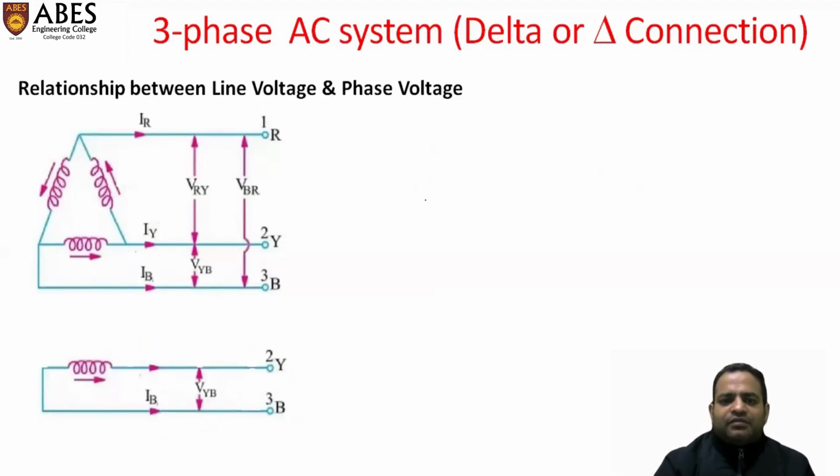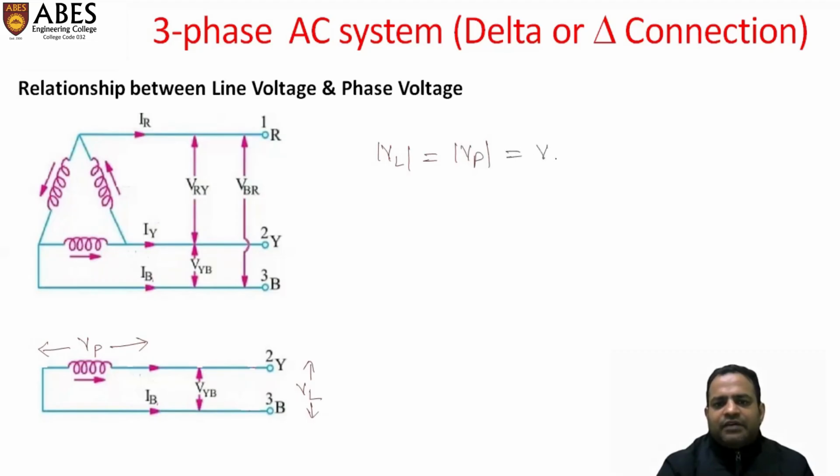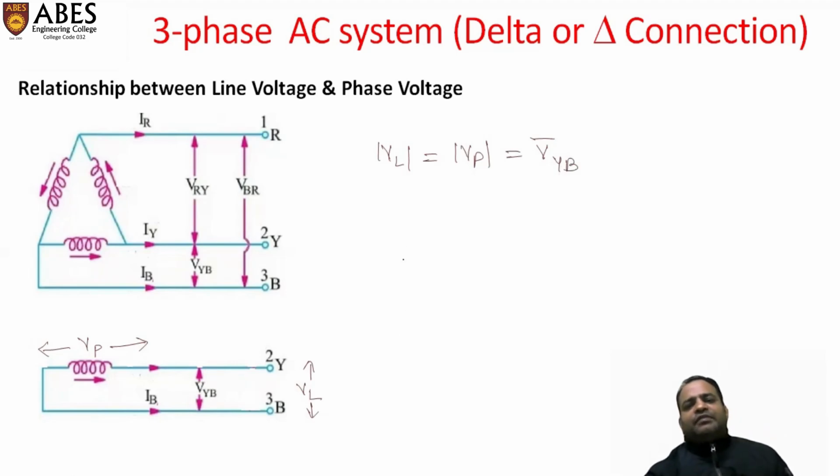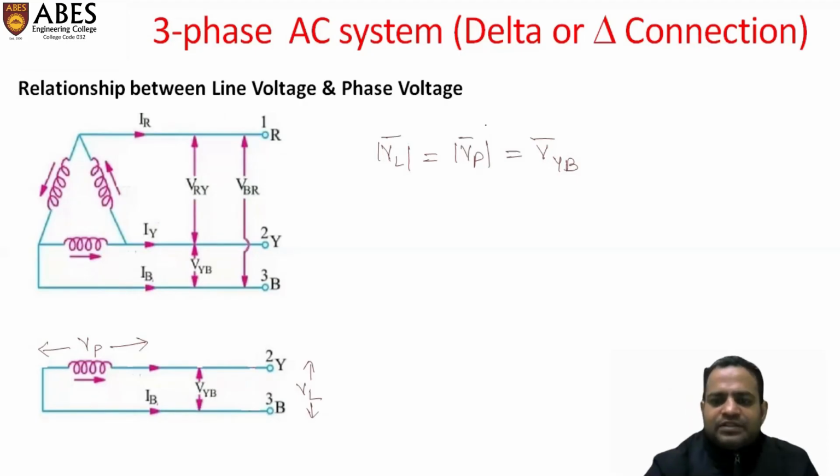Similarly, for the YB phase, this is our line voltage and this is our phase voltage VP. So the voltage across this, VL, is equal to VP. Our voltage VYB is similarly equal for line and phase voltage because only one phase is used to make this line voltage.